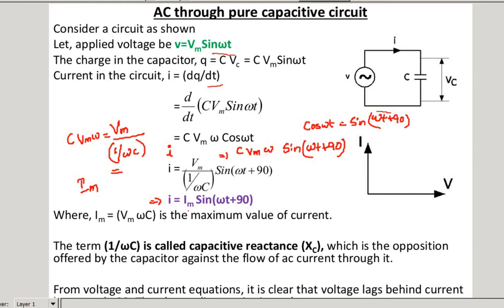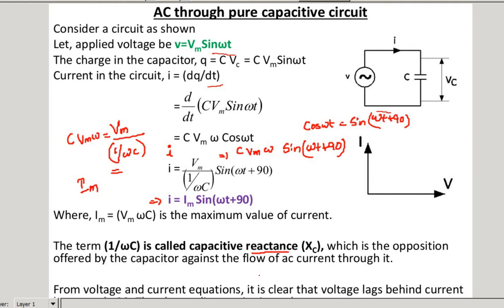From this we can understand that Im, the maximum value of current, is represented as Vm omega c or Vm divided by 1 by omega c. This 1 by omega c is known as the capacitive reactance, Xc. What is capacitive reactance?